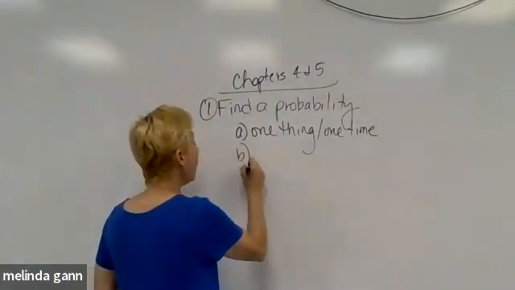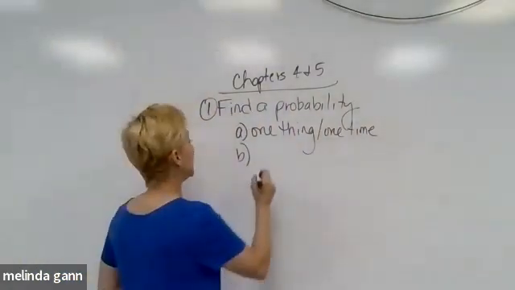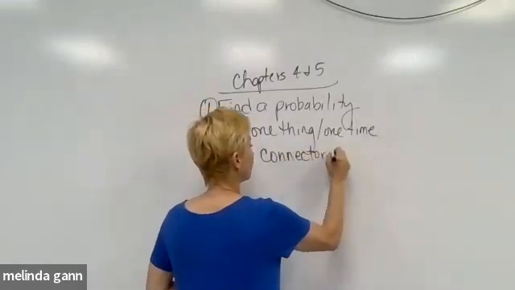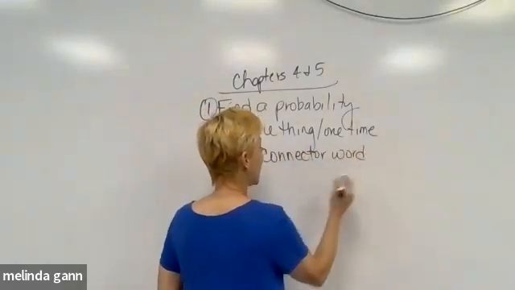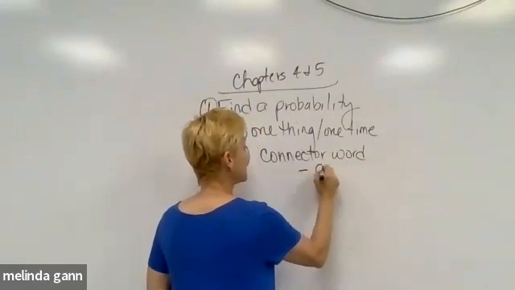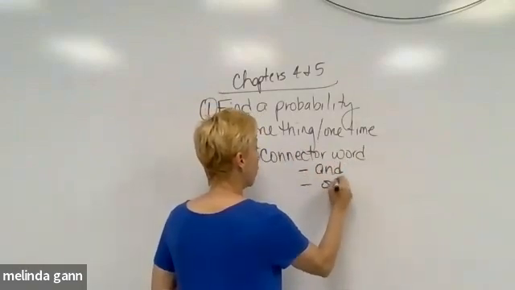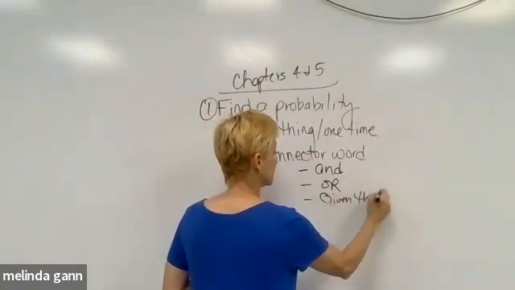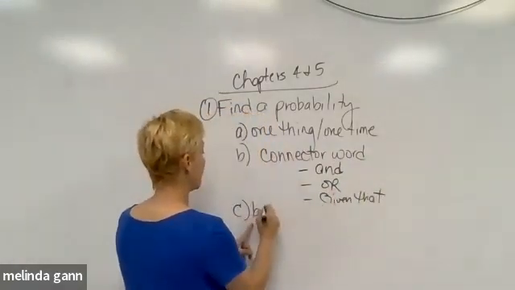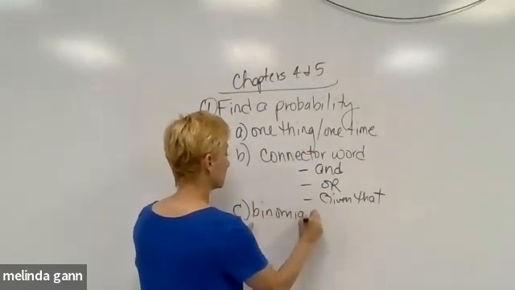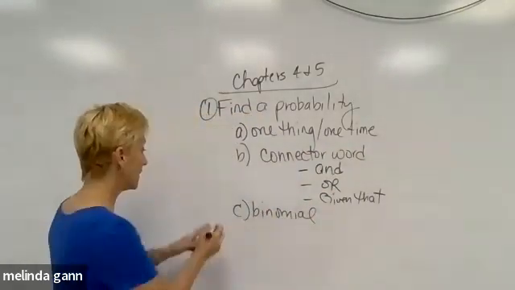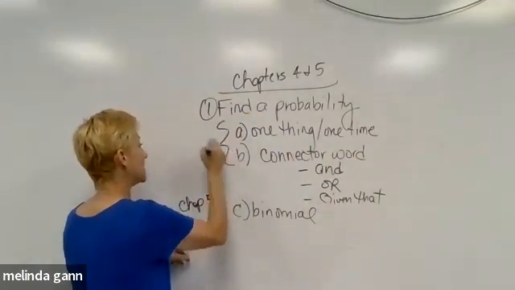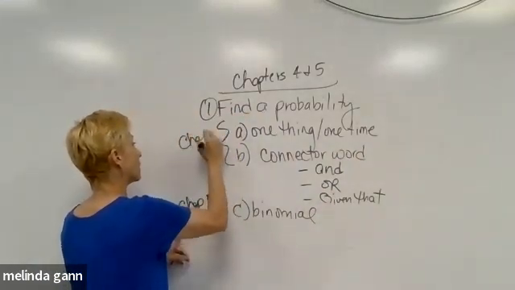Now, one of the questions I might ask you is to find a probability. If I ask you to find a probability, there are 3 possibilities. It's either one thing, one time, or it is a connector word, and remember, our connector words are and, or, and given that. Or it's a binomial probability. Now, this is chapter 5, and this is chapter 4.